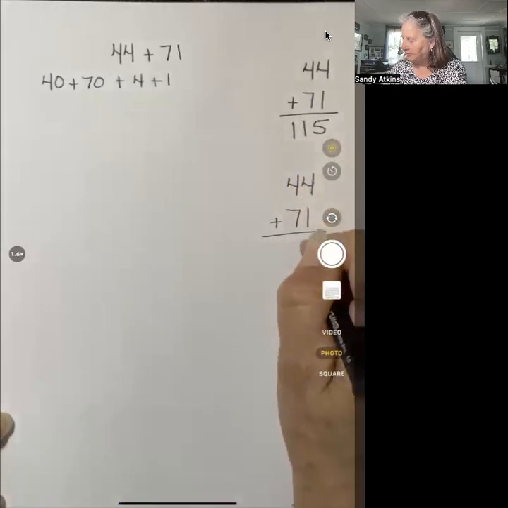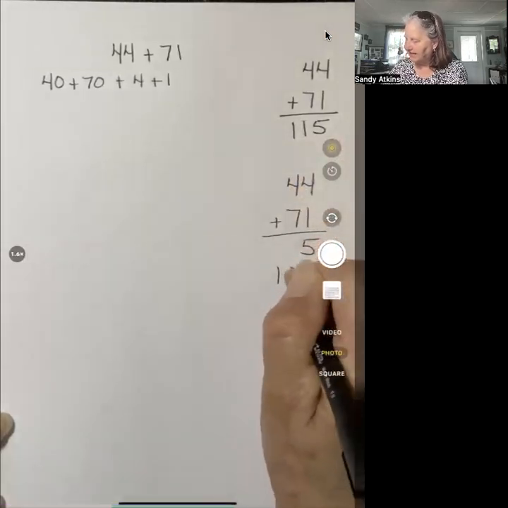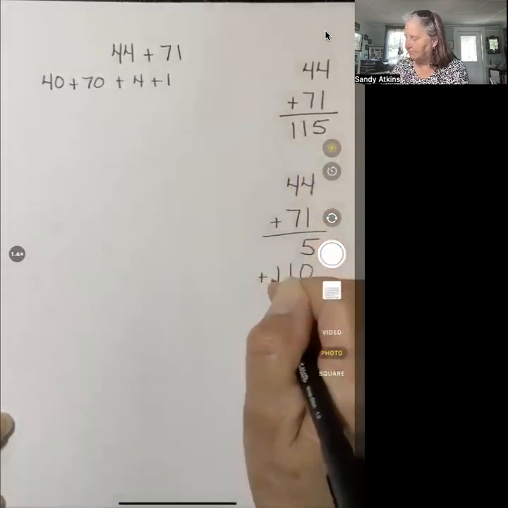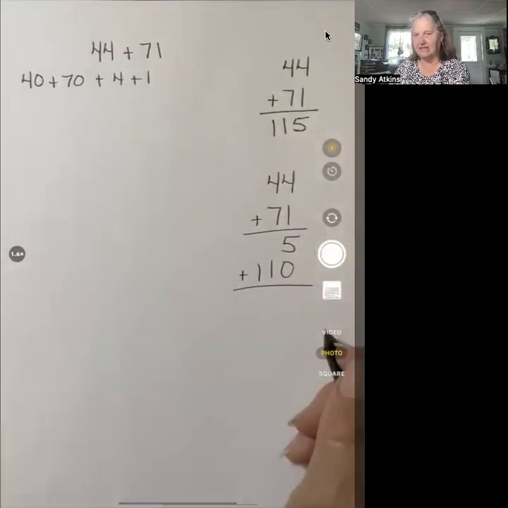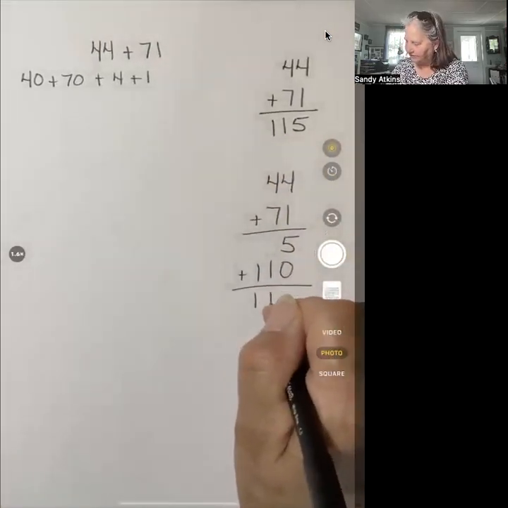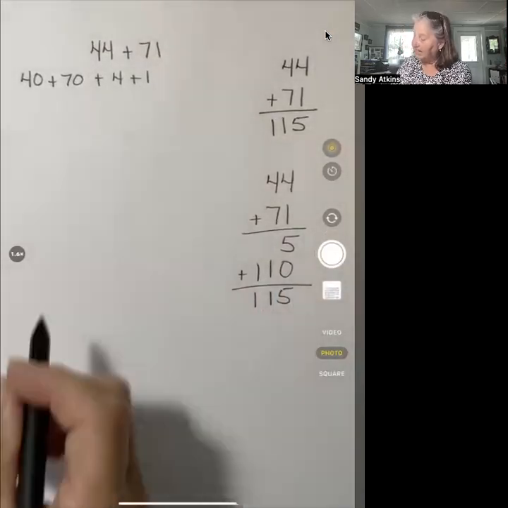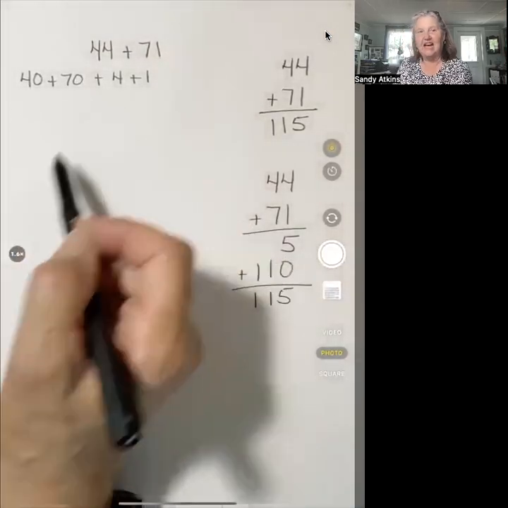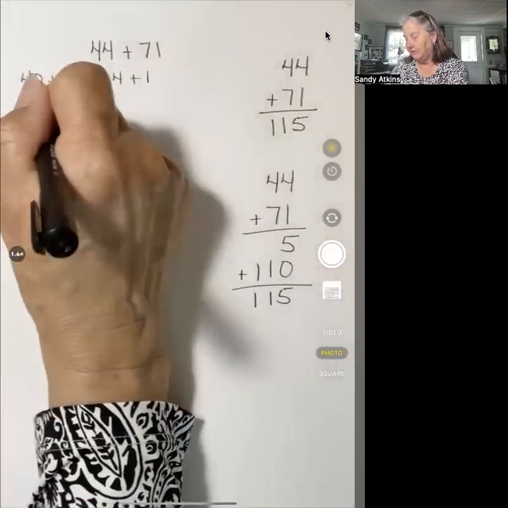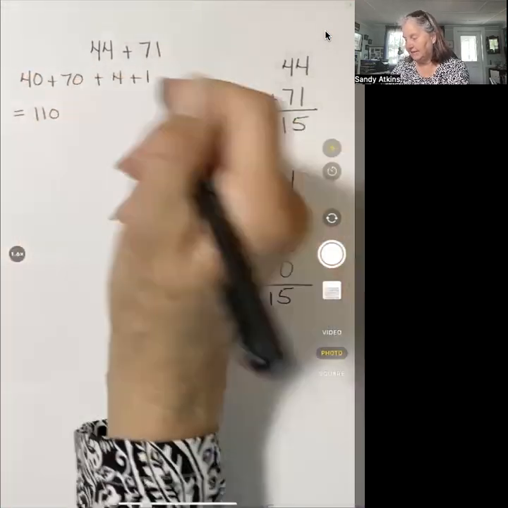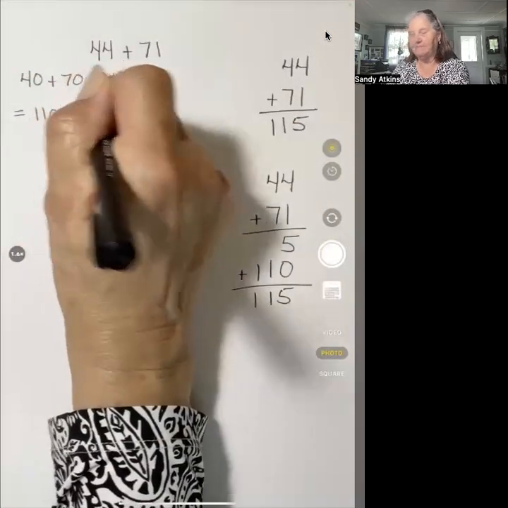You might see something where they write 5 ones and 11 tens like this, the partial sums. And then they'll combine those to get the 115. Here I did the same idea. I just combined them and used a horizontal way of writing it. I would have 110 plus 5 in this way.